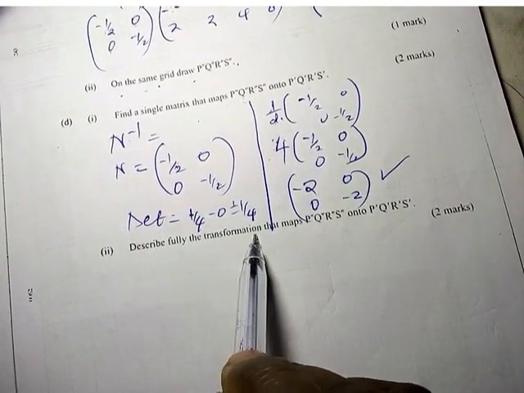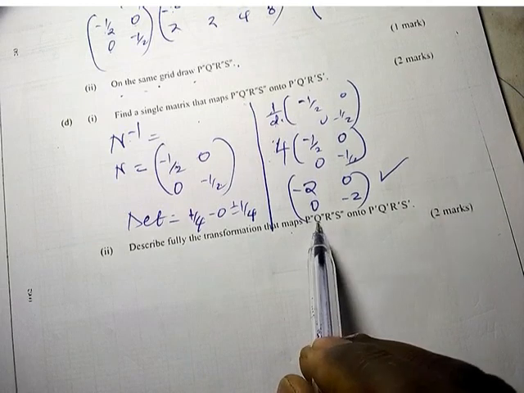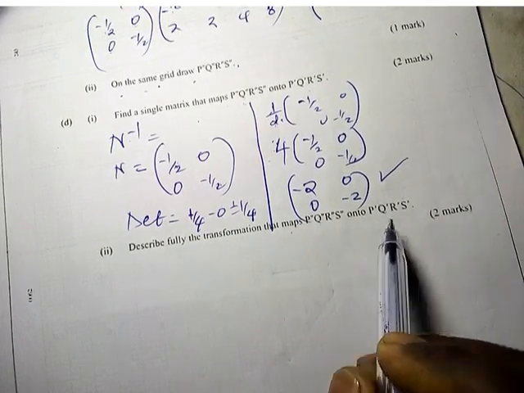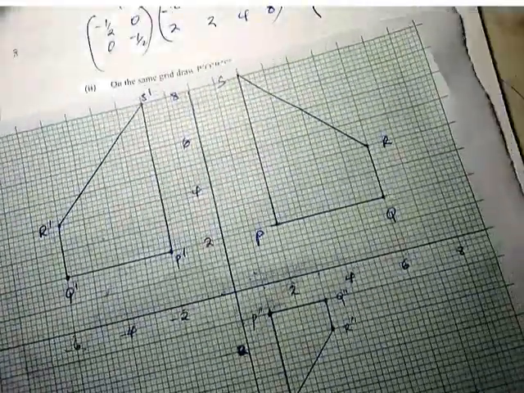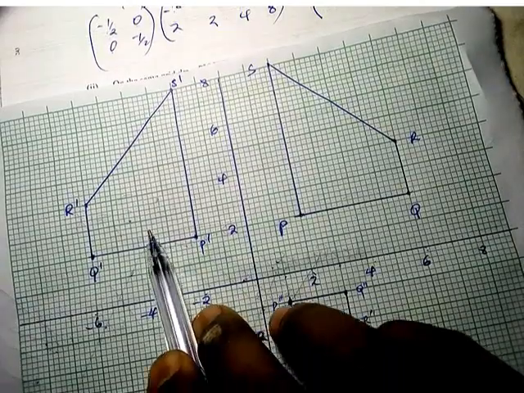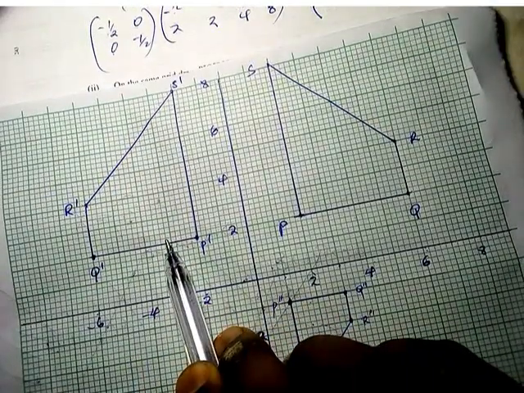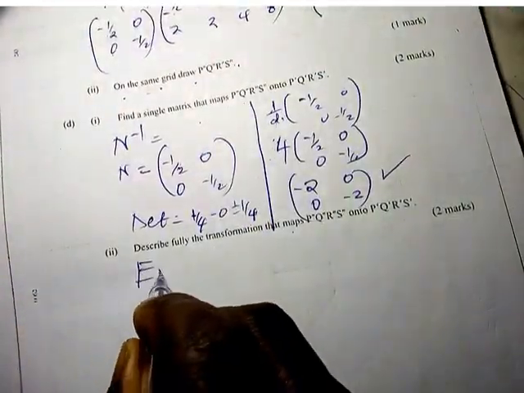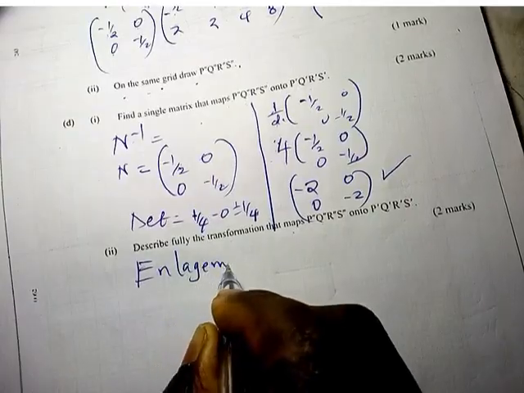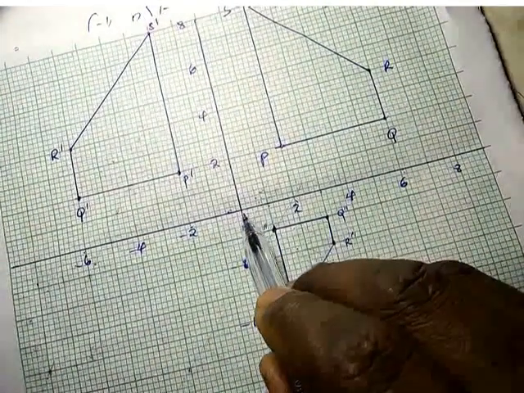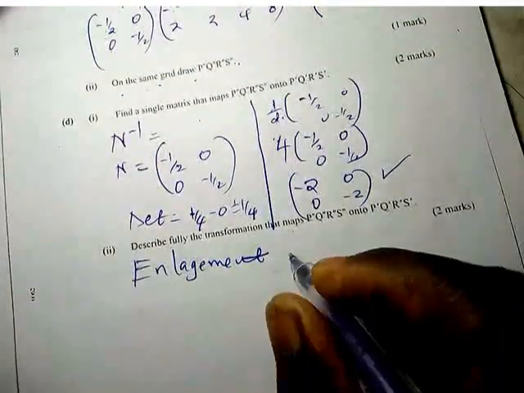Describe fully the transformation that maps P prime 2 to P prime 1. You can see this is an enlargement. This one has been enlarged, right? You can see that the center of enlargement is O, origin.